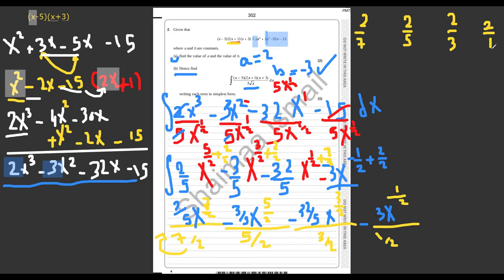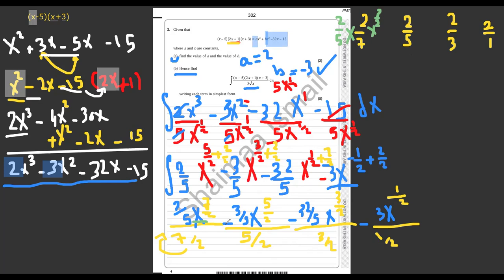Okay, I just do it step by step. I know we normally multiply this 2 over 5. So this would be multiplied by 2 over 5, x as it is, I'm just copying the numerator here, 3 over 2.